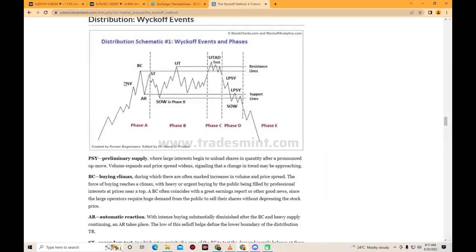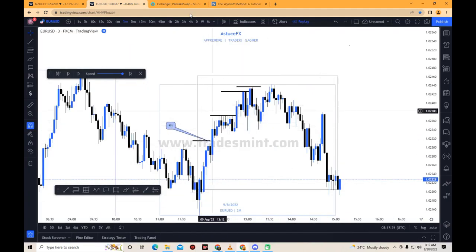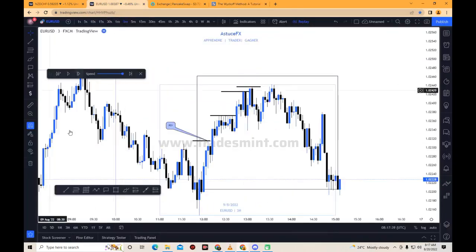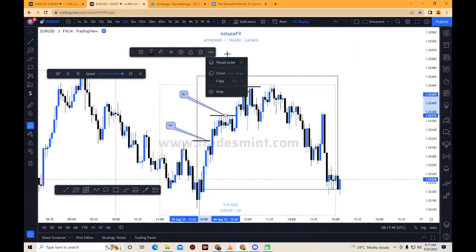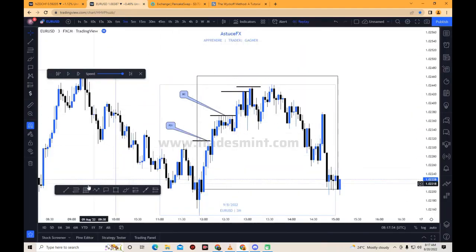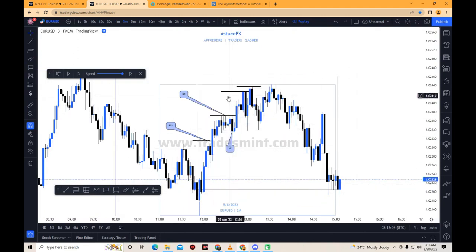We have the PSY, which is the primary supply, and after that we have the buying climax. After the buying climax, we have automatic rally, secondary test.